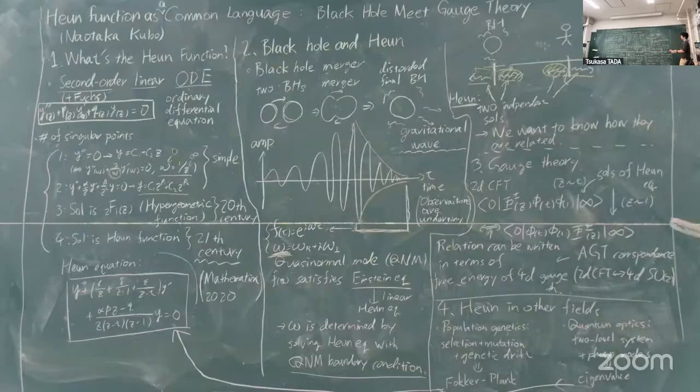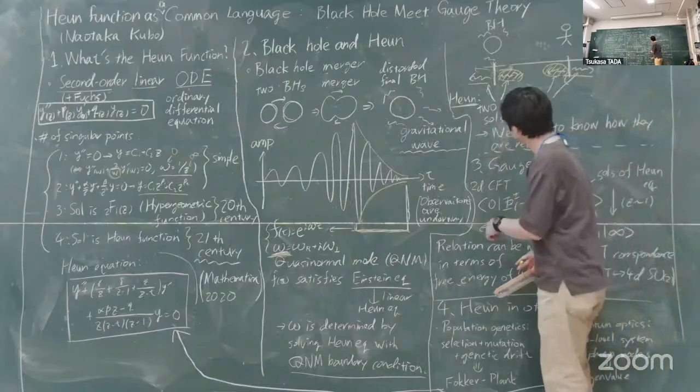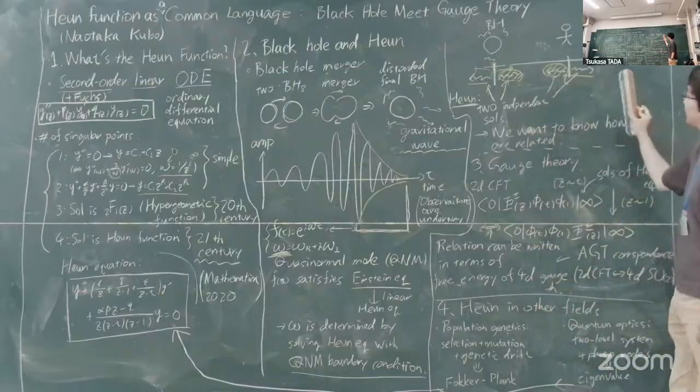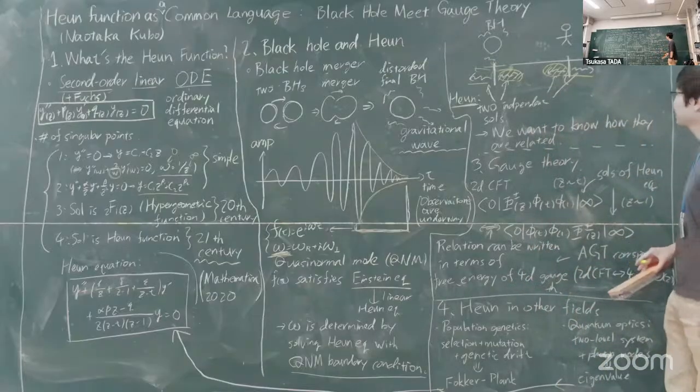Yeah, so this is the physical boundary condition. But then what do you mean by this boundary condition in terms of the Heun function?